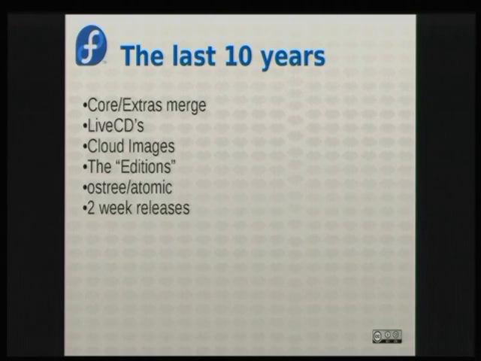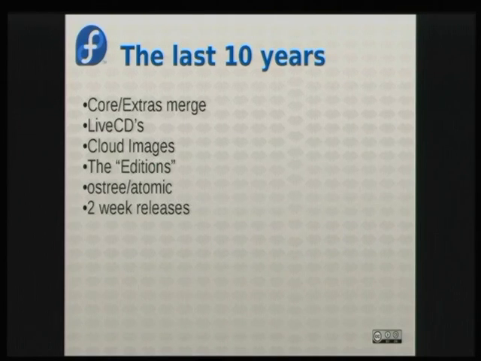So it was a big change. Then along came live CDs, and we're like, oh, this is really cool, let's add some live CDs. And then we went from one live CD to about 50,000 or something right now, a huge amount. Then we added cloud images when EC2 became a thing, and Fedora 14 or 15, I think 15 was the first release where release engineering produced the cloud images for EC2.